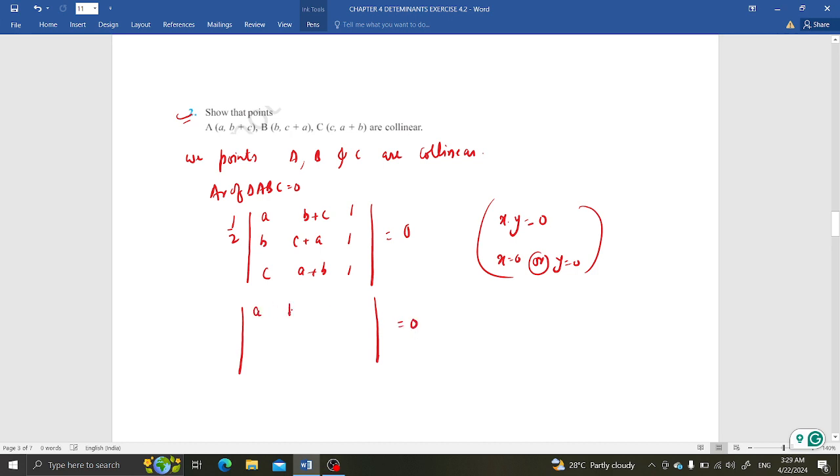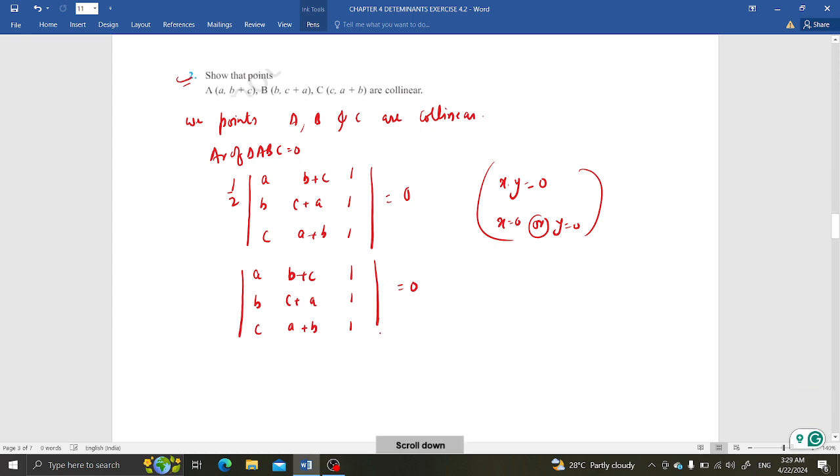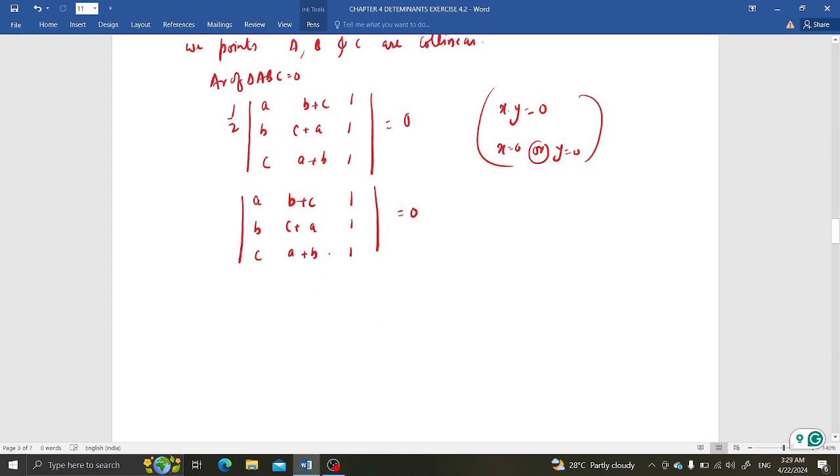So a, b plus c, 1; b, c plus a, 1; and c, a plus b, 1. Here I'll expand this determinant along the third column.